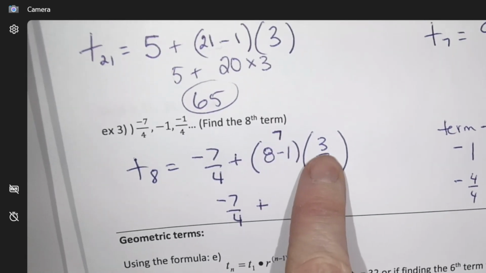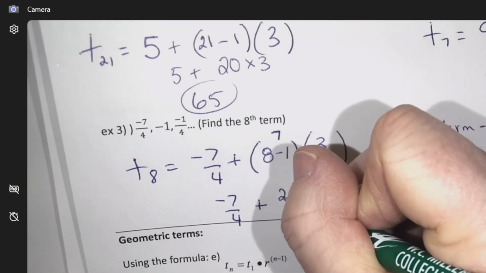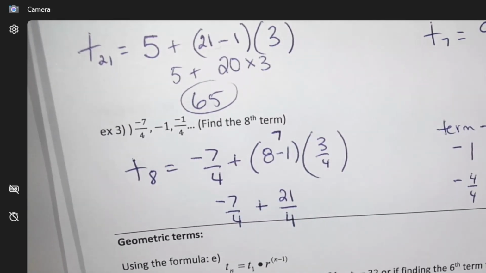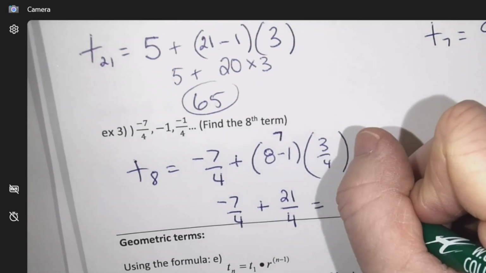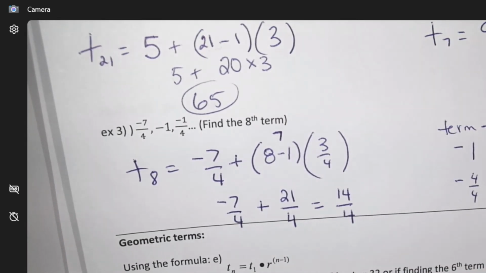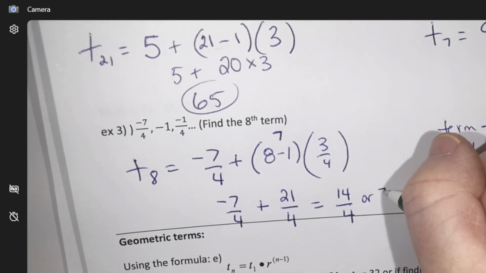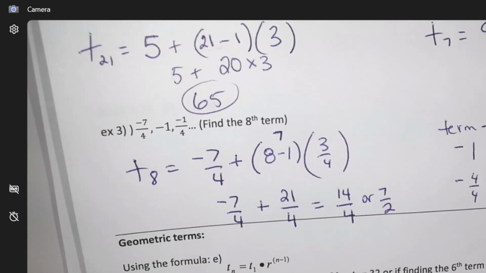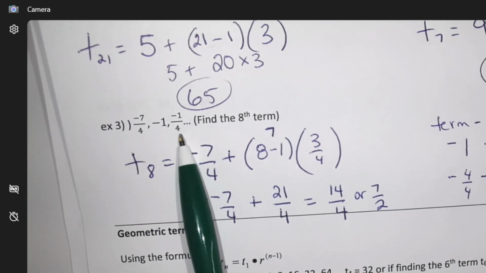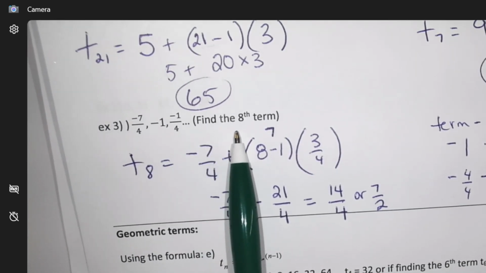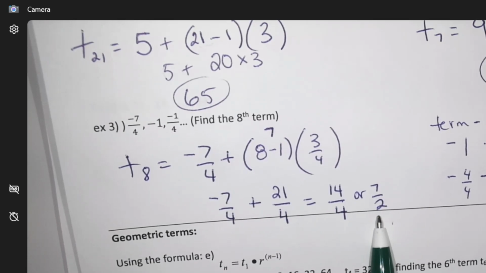What is 7 times 3? 21. Look at this. We can do it without a calculator. What is negative 7 plus 21, or what's 21 minus 7? 14. 14/4. Anybody want to reduce that? Or 7/2. So if we kept doing this and going up 3/4, up 3/4, up 3/4, we would get to that value.